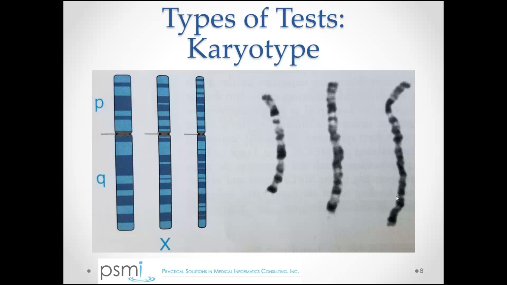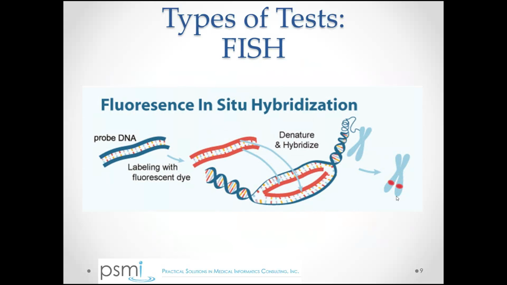So that evolved to a technique called FISH, or fluorescence in situ hybridization. In this technique, you still have your chromosome laid out on the slide, but now you have a large probe. This probe is labeled with fluorescent dye and is allowed to hybridize with the chromosome.